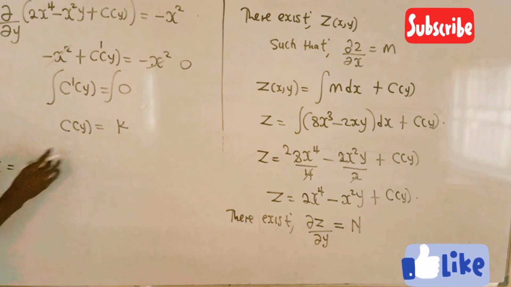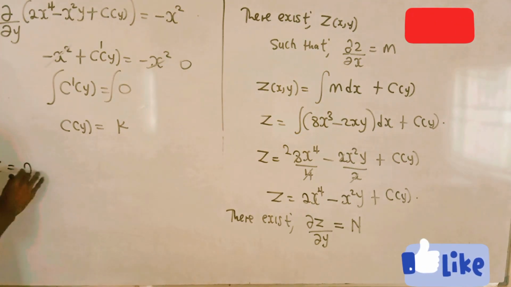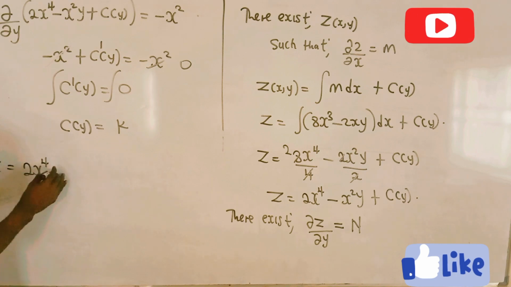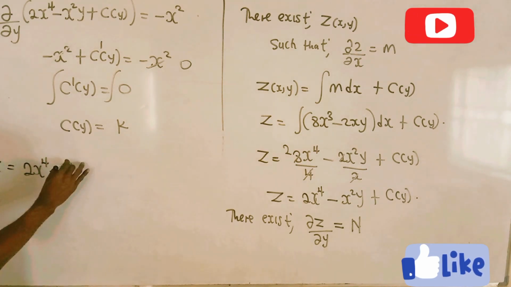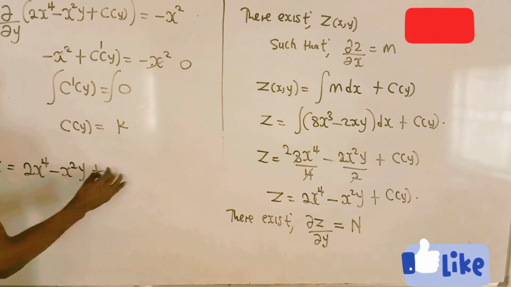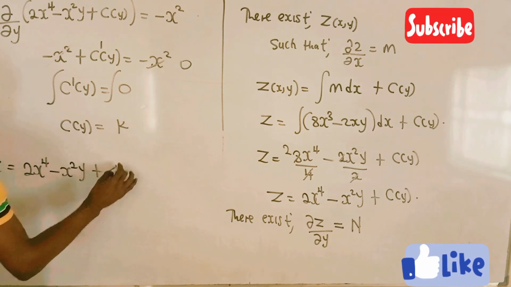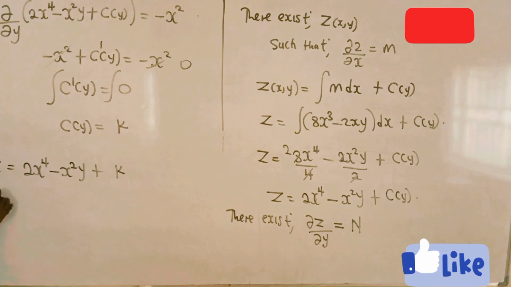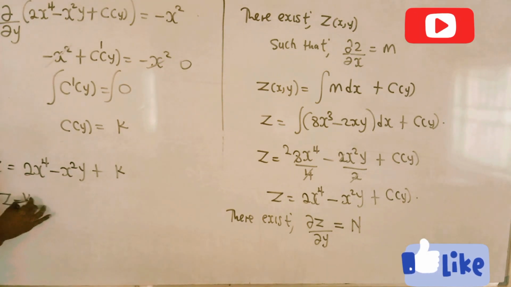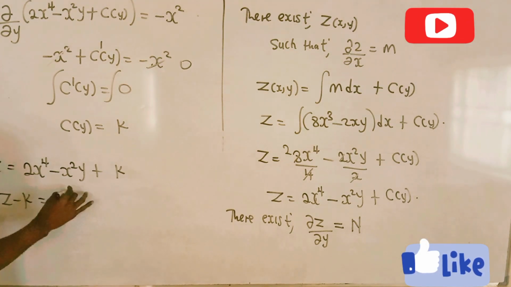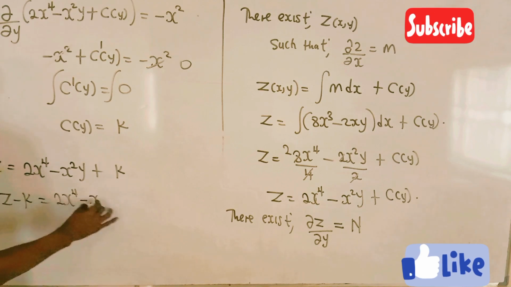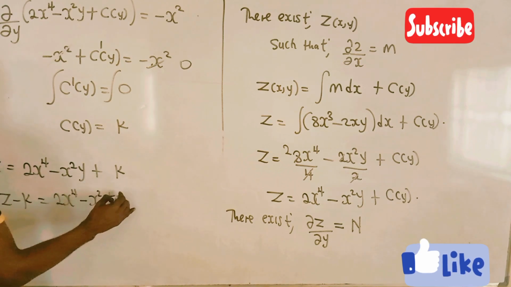Therefore, z is equal to 2x raised to the power 4 minus x squared y plus c of y, and c of y is equal to k, so plus k. We'll take k to this side, we have z minus k is equal to 2x raised to the power 4 minus x squared y.